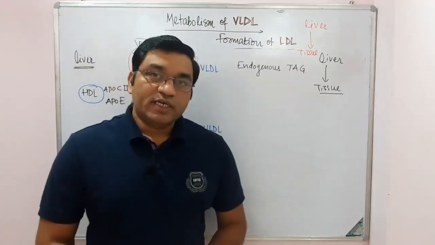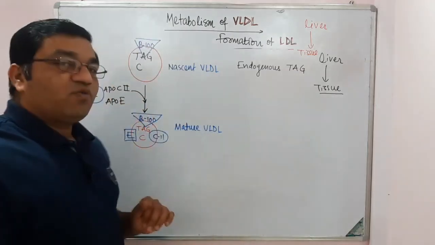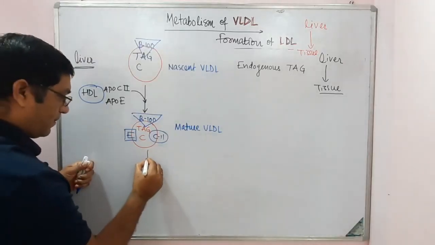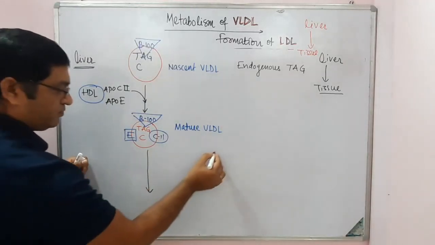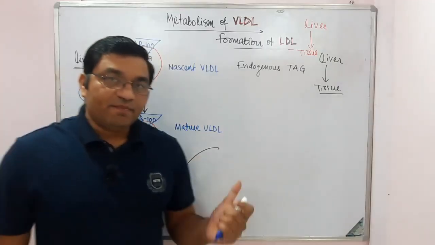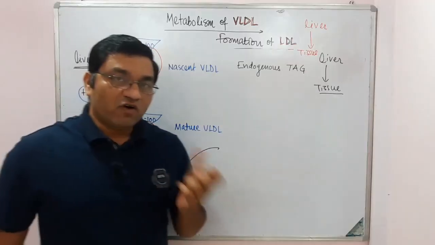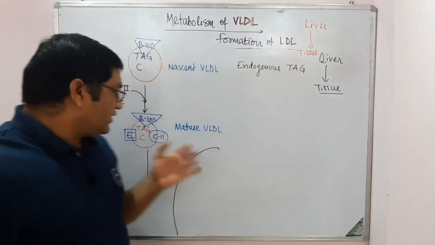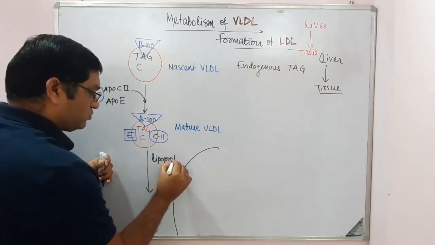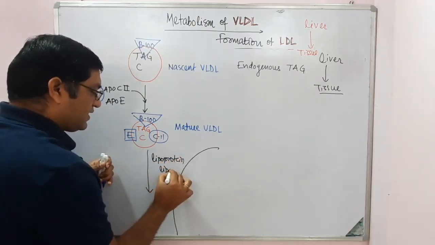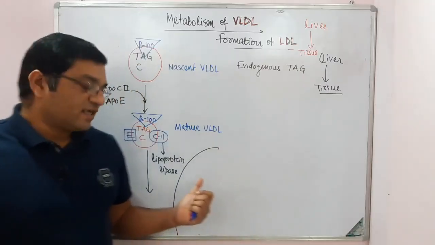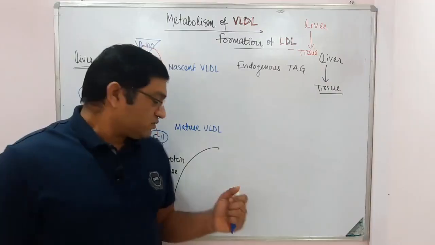Now this mature VLDL acts with the help of lipoprotein lipase. In the peripheral tissues, there is lipoprotein lipase present on the capillary walls. This lipoprotein lipase is activated by ApoC2, which is present on the surface of the capillary walls.